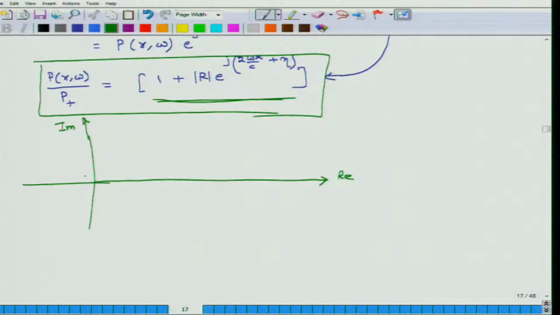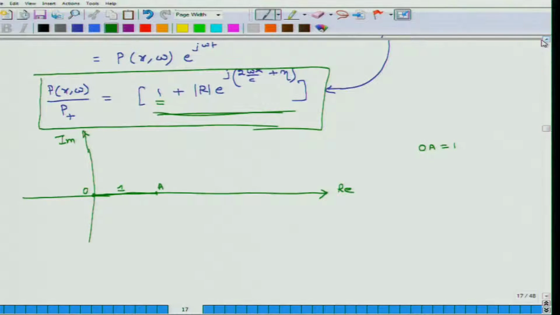So let's say this point is O, and then there is this 1, so I move 1 unit here, and let's say this distance is OA equals 1, and then what about this term?